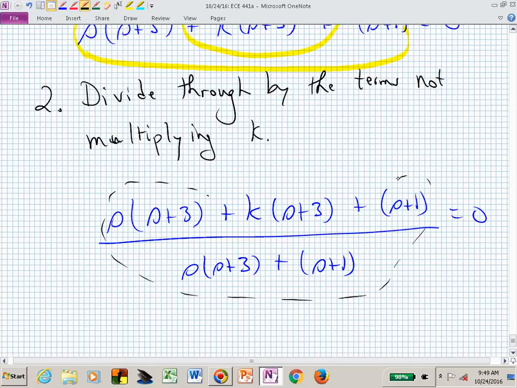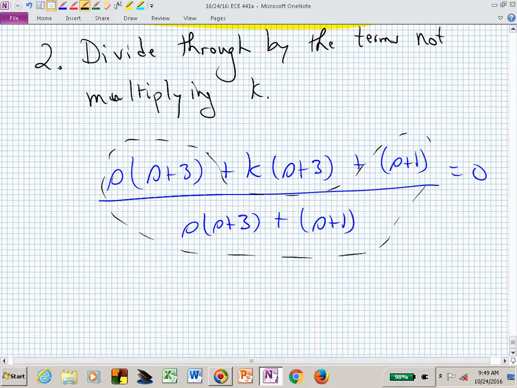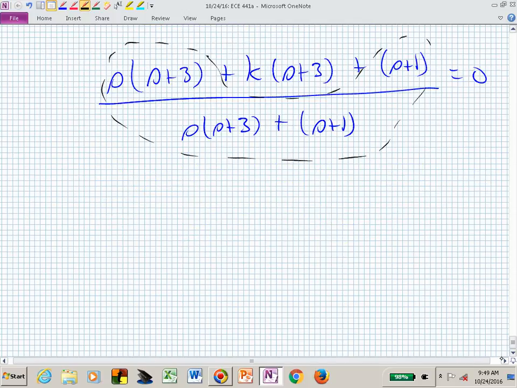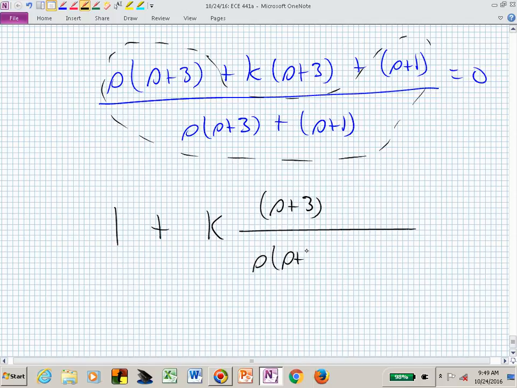And now what does that piece that I've dashed end up doing? That becomes my 1. So that I now have 1 plus K times (s plus 3) divided by s times (s plus 3) plus s plus 1.